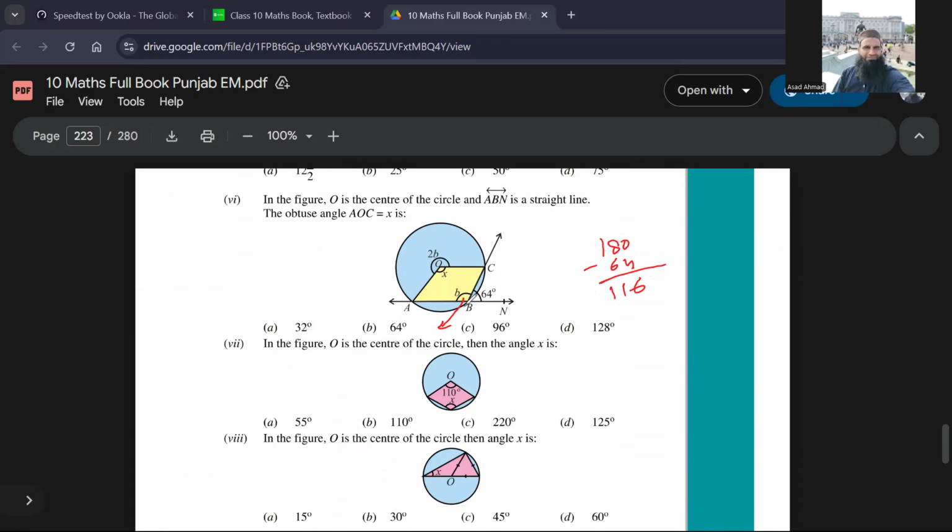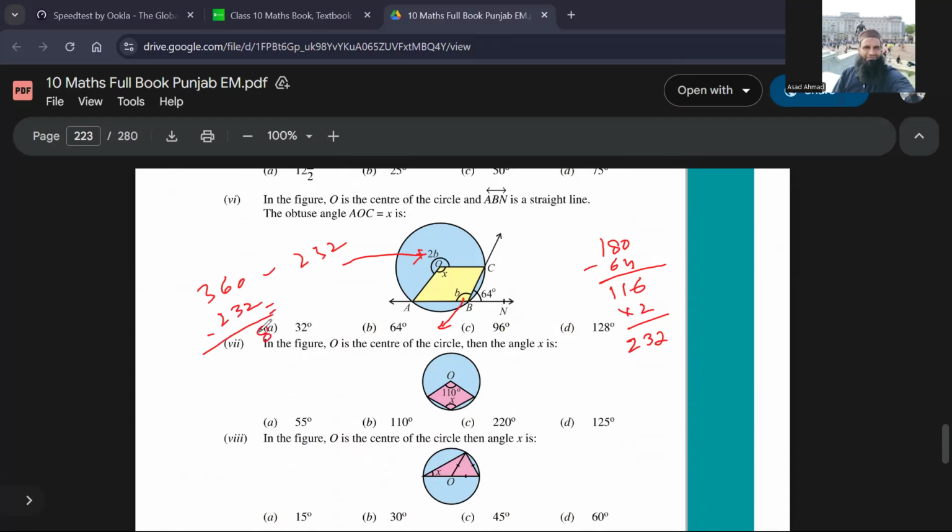So B is 116, and it is very clearly mentioned in the diagram. This is 2B, so 2B means multiplied by 2. So this will become 232. So 2B is 232. We need to find X only. So 360 degree minus 232 will give you the answer.